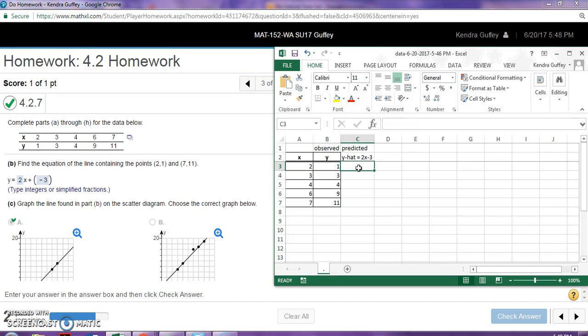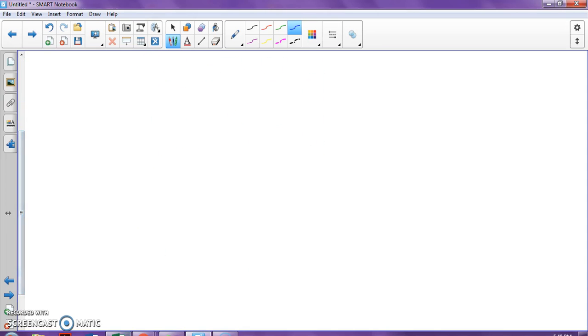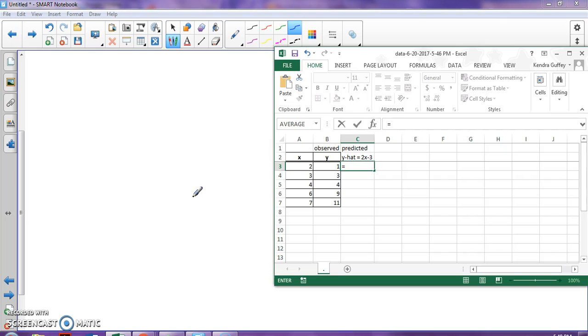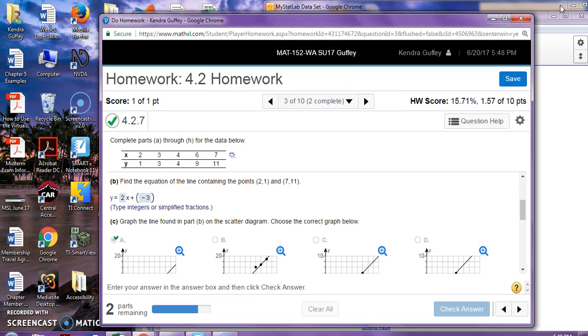So all we're going to do is we're going to type equals, right? And so if I were doing this by hand, I would take 2 and then plug in my x value. See what we're doing. All right. So if I were going to do this by hand, I would plug in my x values, right?